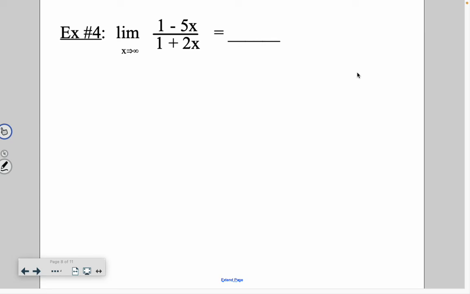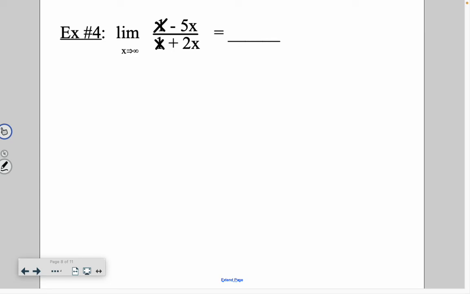That term is the only one you really care about, because that's the one that's going to grow the fastest. Which means in this case, I don't really care about that one. It's not going to have any effect on this problem. Same thing in the denominator. Don't really care about that one either. It's not really going to have any effect when we're talking about infinity. 1 doesn't change much. So now we focus on what's left, the highest degree terms.